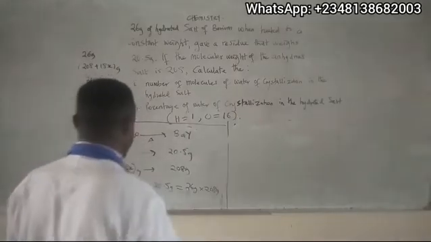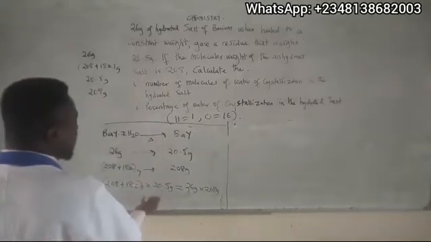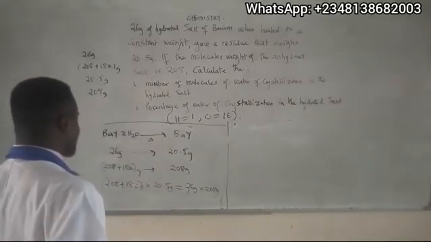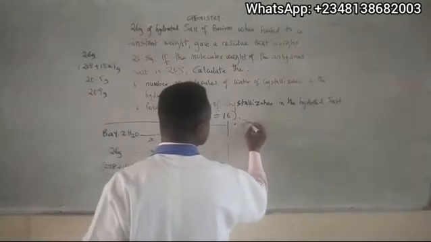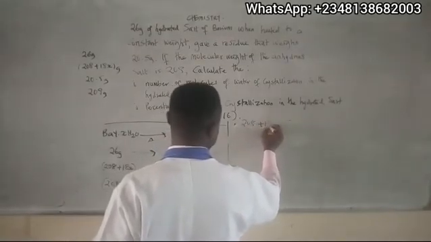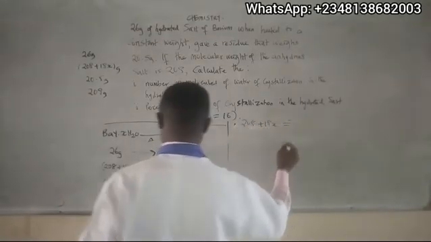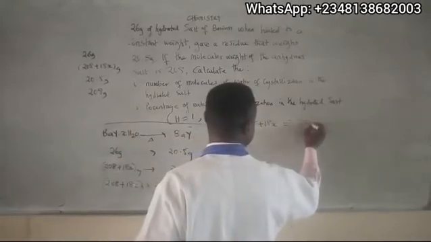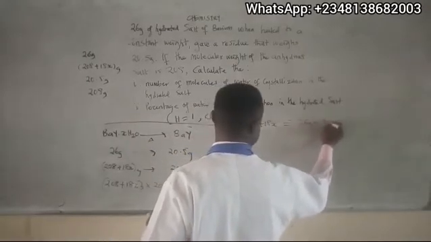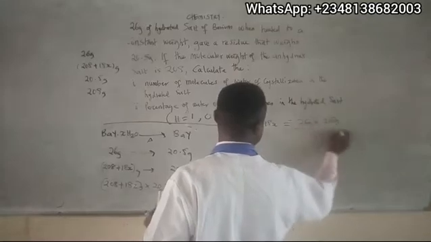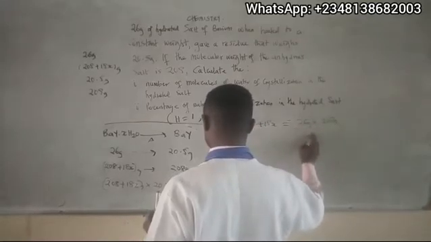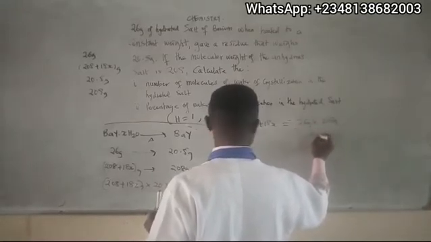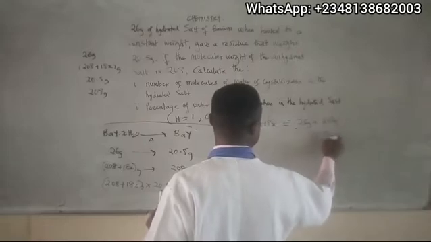So let's continue from here. We divide both sides by 20.5 gram. We have 208 plus 18x is equal to 26 gram times 208 all over 20.5 gram.